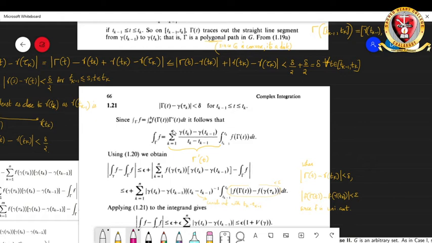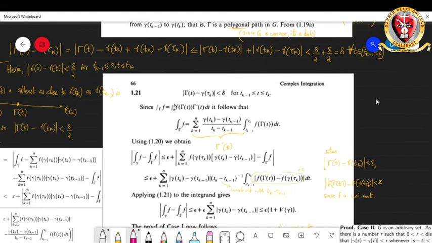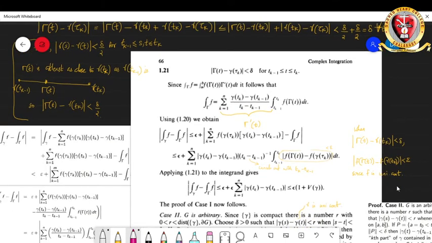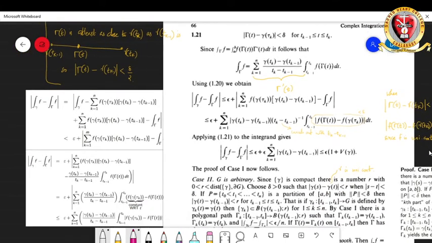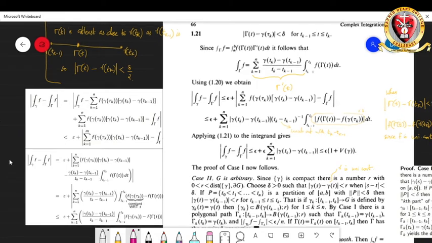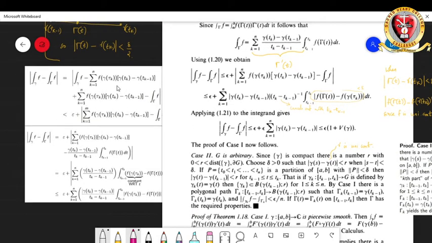And similarly, you can work out the modulus of the integral over gamma of f minus the integral over capital gamma of f, and you can work them out as seen here. Simple steps. Okay.